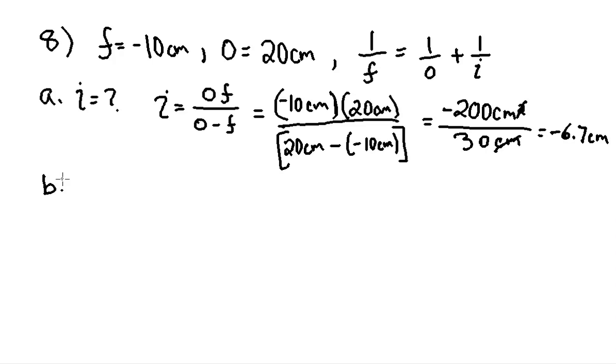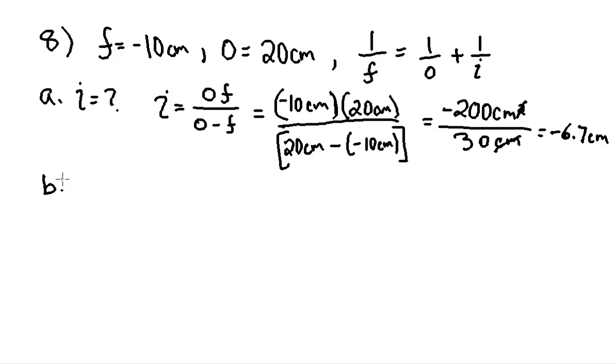But we do see in that picture that we have an image that is virtual because the light rays only emerge from the actual object, and it's upright or erect because it's oriented in the same direction as the actual object. So whenever you have objects that are further than the focal points for negative lenses or concave lenses, then we're going to have virtual and upright images.